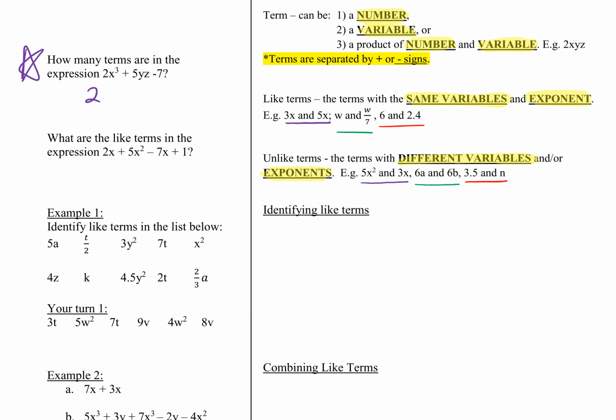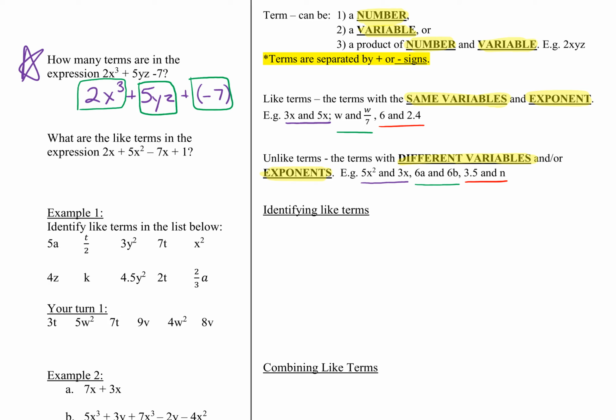So I could write it as 2x cubed, which just means x to the third power, plus 5yz plus negative 7. Remember that minus 7 is the same thing as plus negative 7. So now we can easily see that there are 3 terms in this expression.